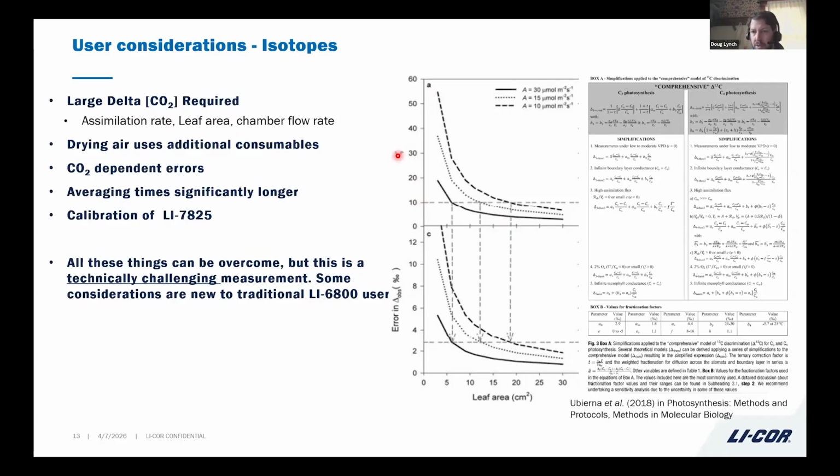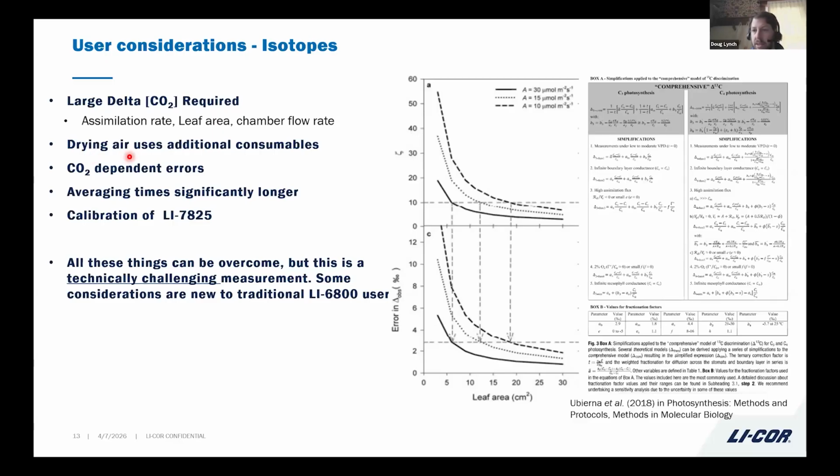It's a measurement of the drawdown of CO2 in your cuvette, which is a function of both the leaf area, this x-axis, and the assimilation rate. So at higher assimilation rates, you can get lower error is basically what this is saying. But if you had a leaf that had very low assimilation rates, the errors are going to be much larger, and this measurement may not be appropriate. So it's something to consider.